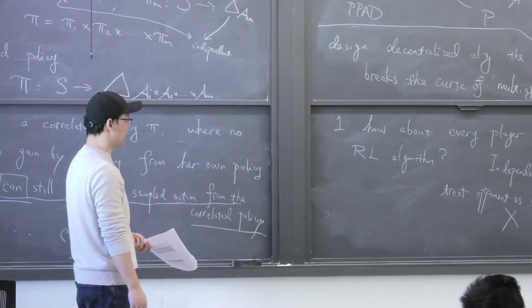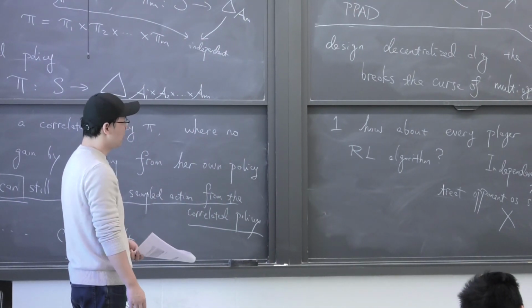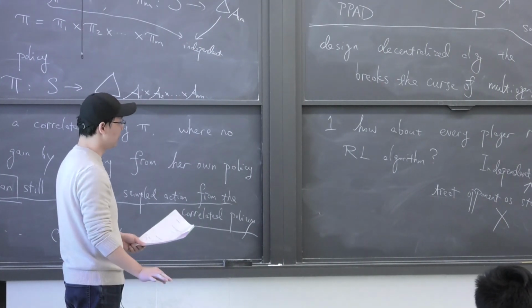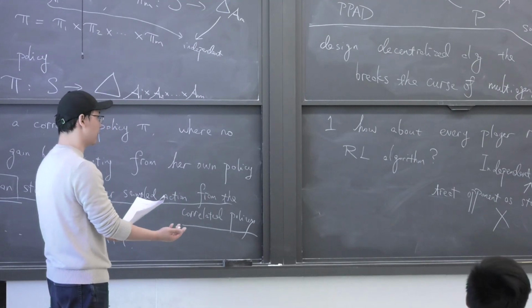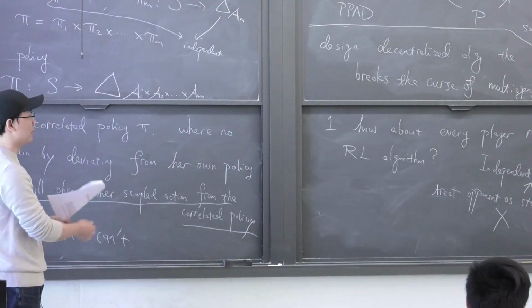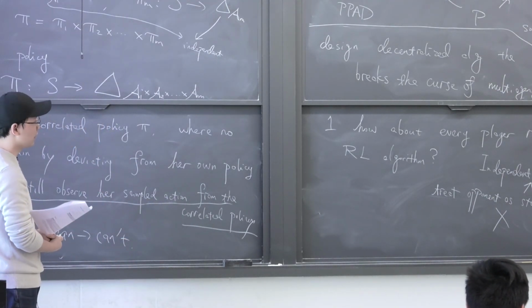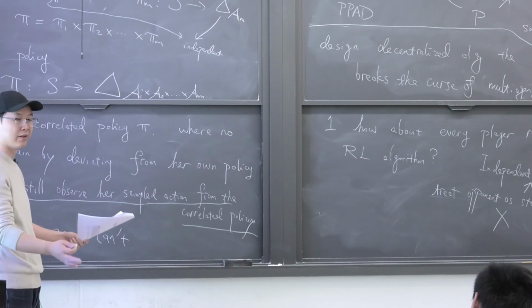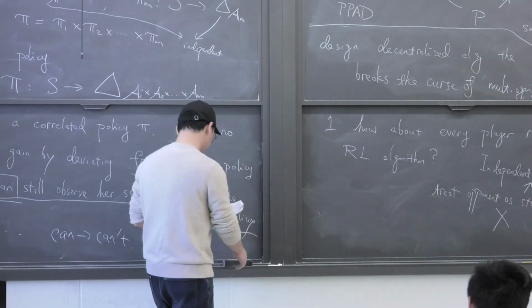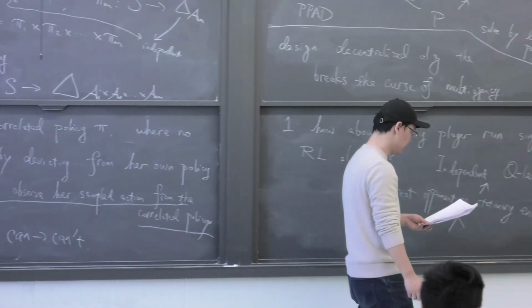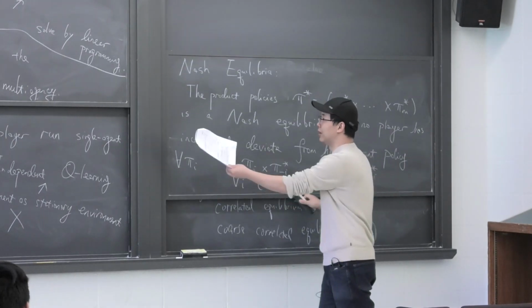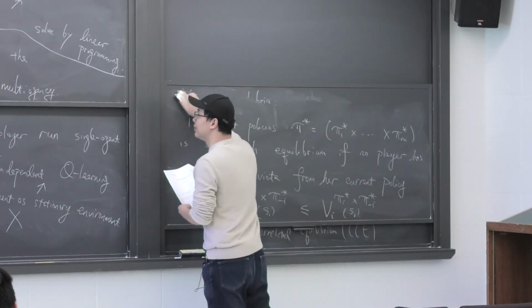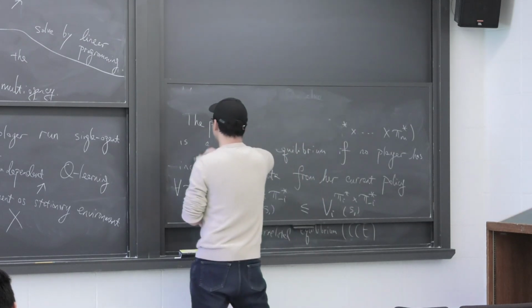This is something you should not do, because opponents are not a stationary environment. They are adaptive opponents. Up to now, there are no guarantees proving that this type of algorithm could converge to any meaningful objective. And I think it's very likely you can easily construct a counterexample which says this type of algorithm would not work. So what kind of algorithm would be decentralized and also break the curse of multi-agency?